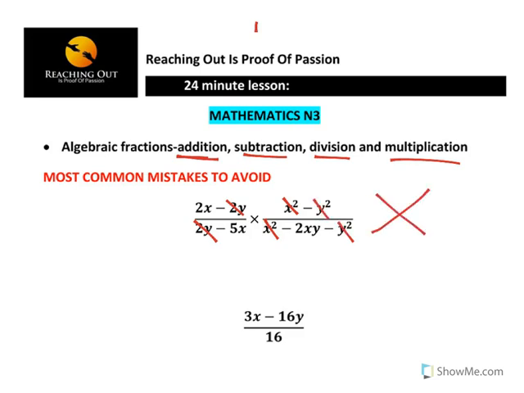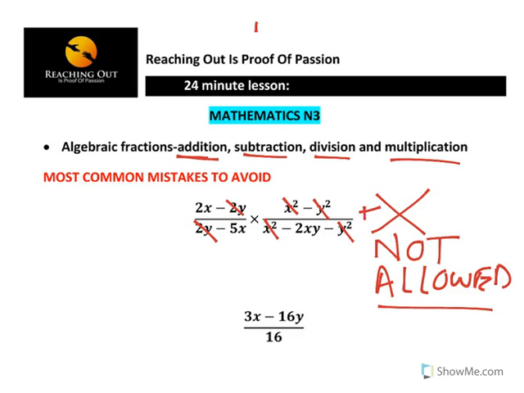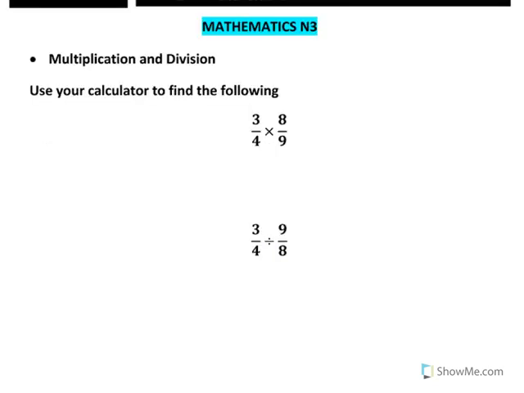It is not allowed. I have bolded it. Not allowed. Also, don't be tempted to cancel that and say this is 3x minus y. This is wrong. It is not allowed.